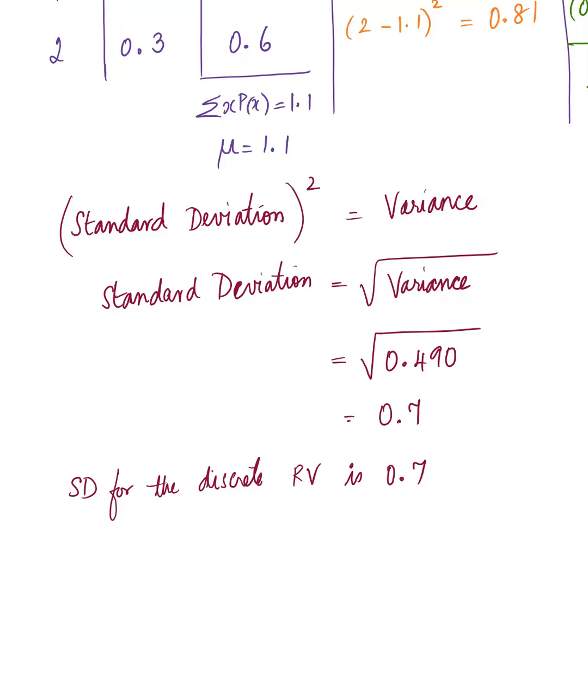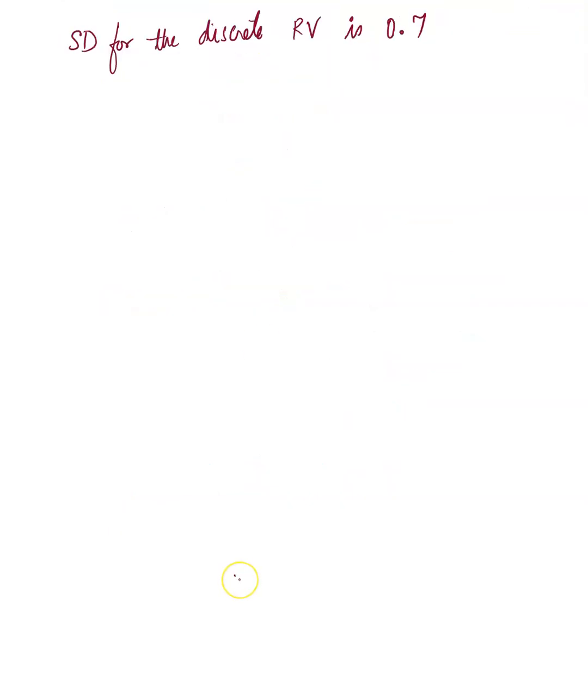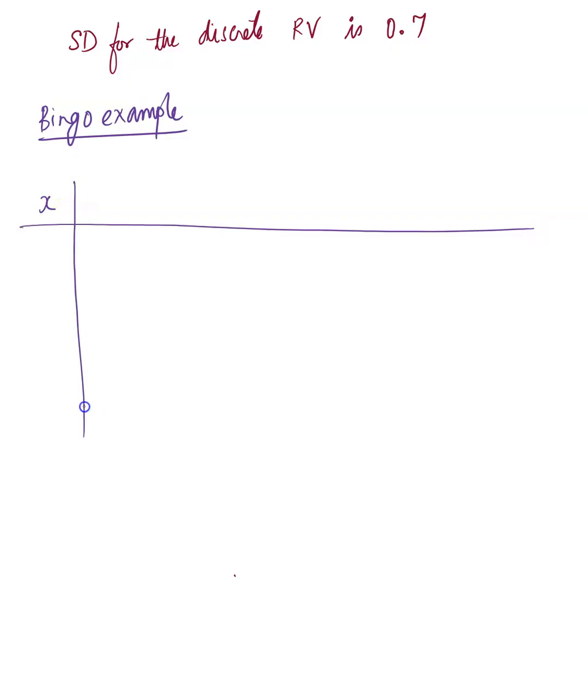We'll do another one. So we'll use the bingo game, because we found the mean there already, the expected payoff. Let's use the bingo example here. I just say bingo example. And I will just directly get your columns from there. Okay. So x, we need to have a lot of columns.